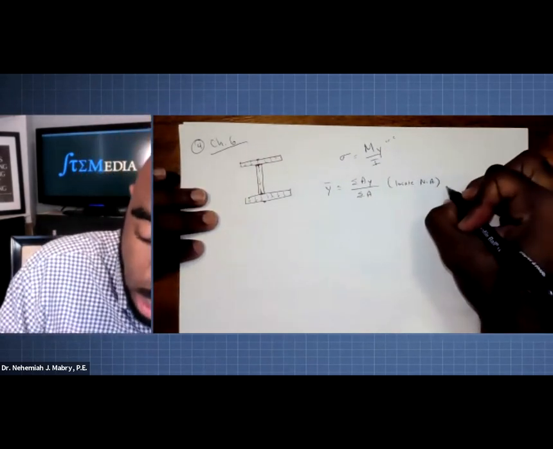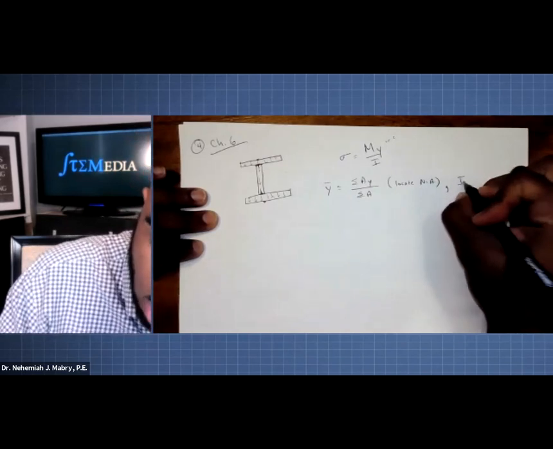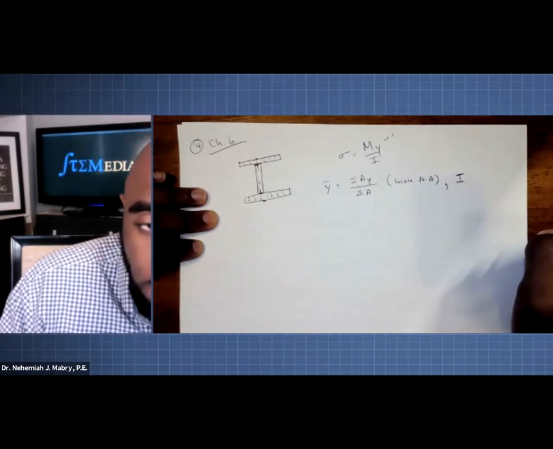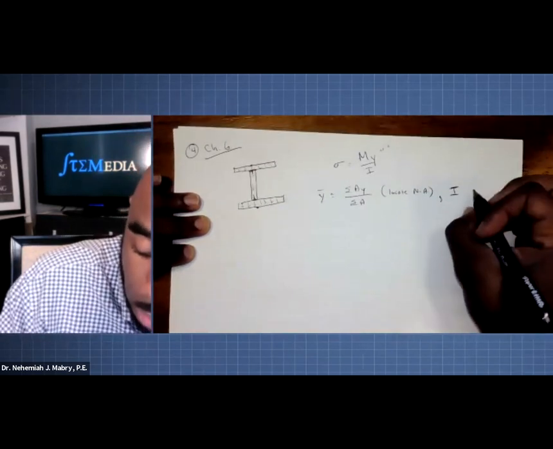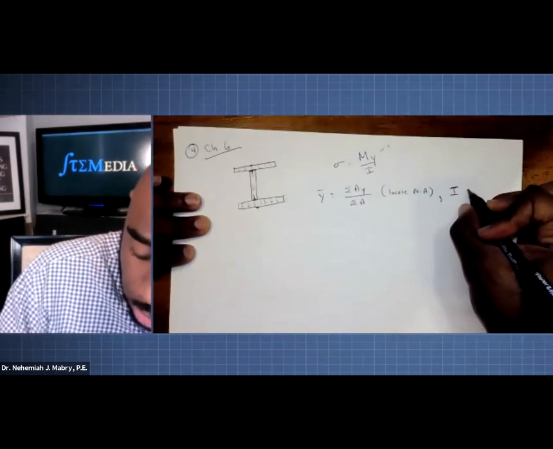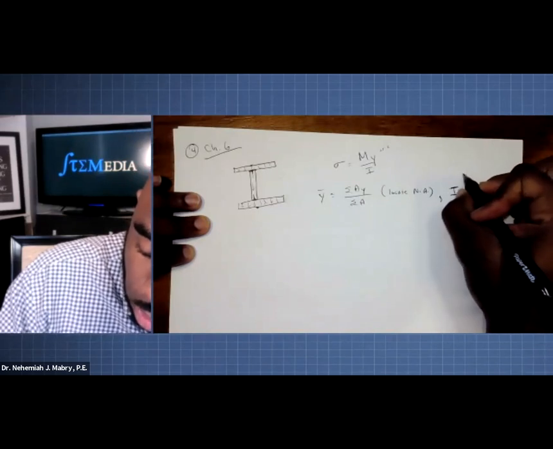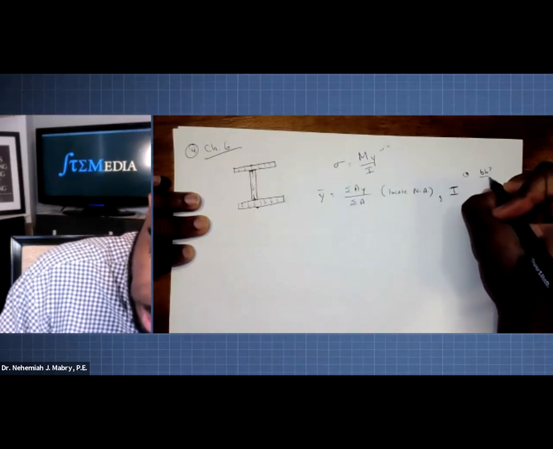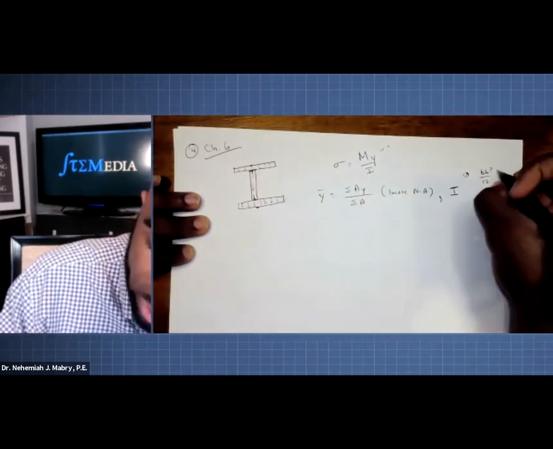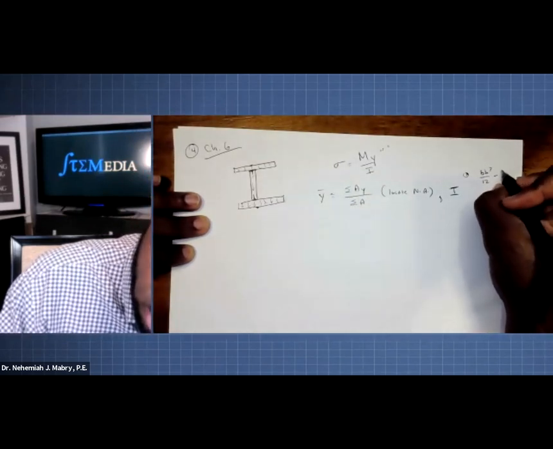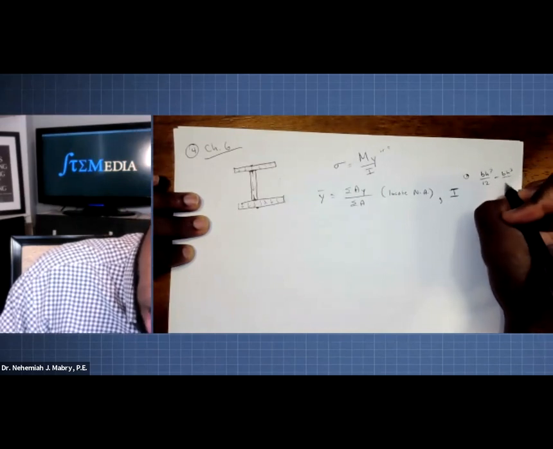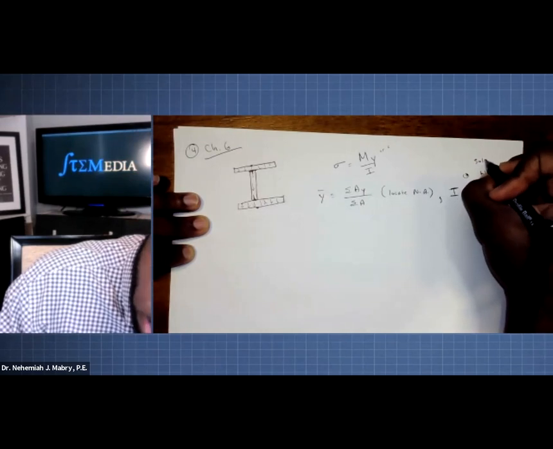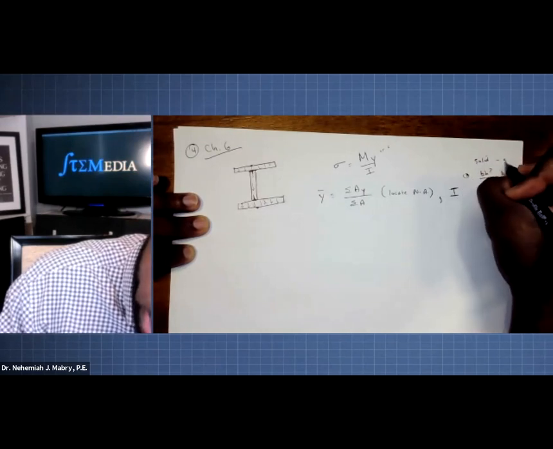And then this is the equation where it's very crucial to know how to solve for I. There are a couple of ways you can solve for it. You can take the base times height cubed over the entire thing and then subtract the base times height cubed over the gaps.